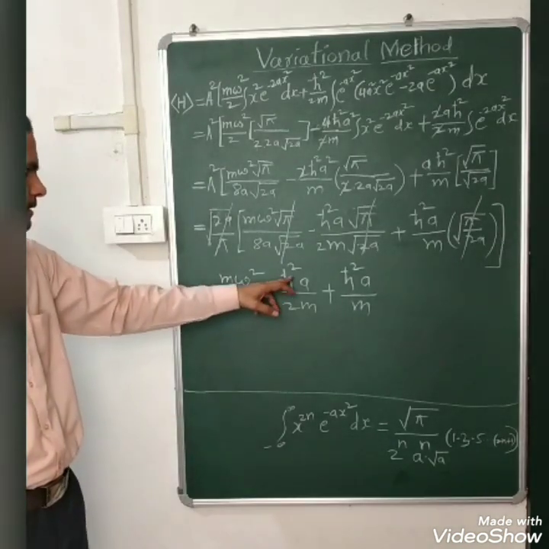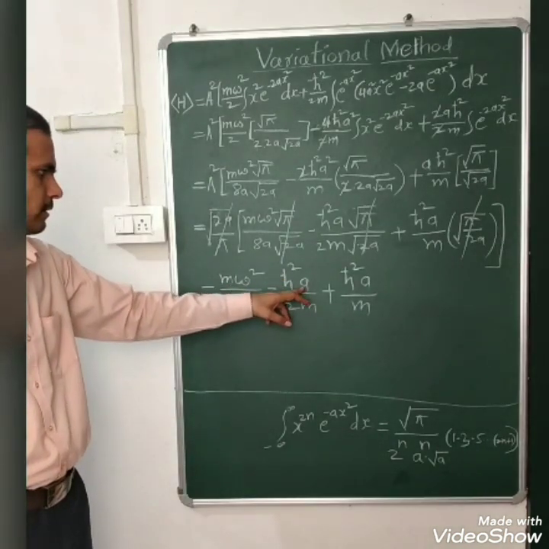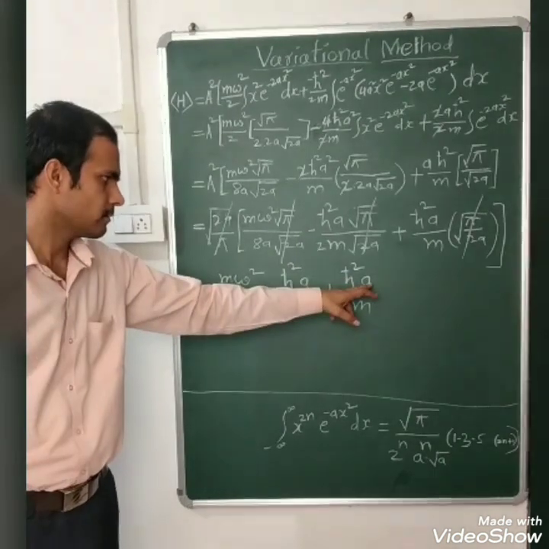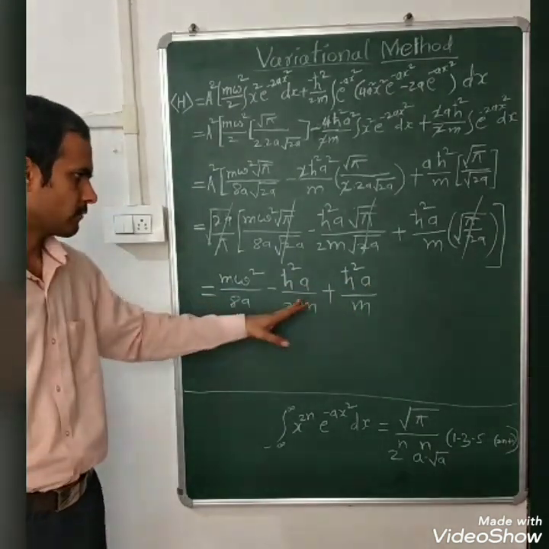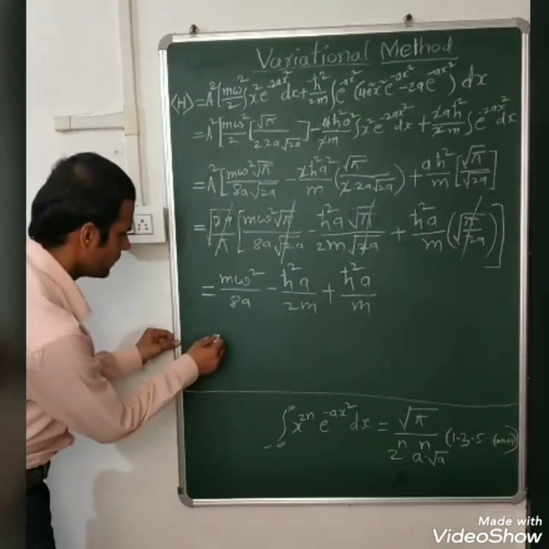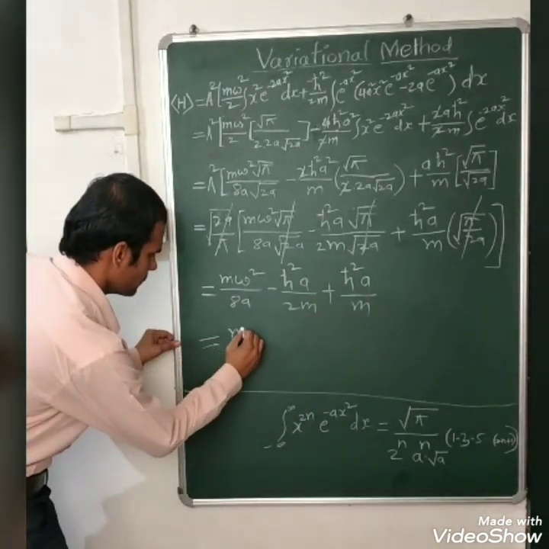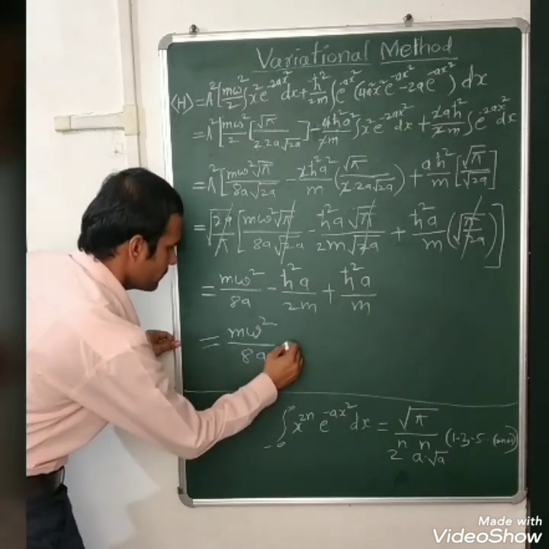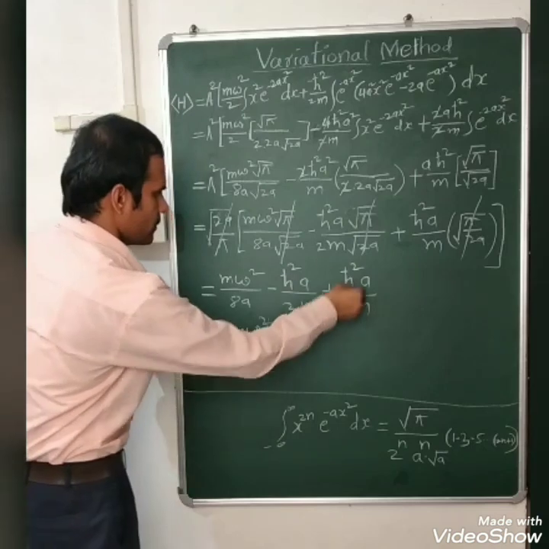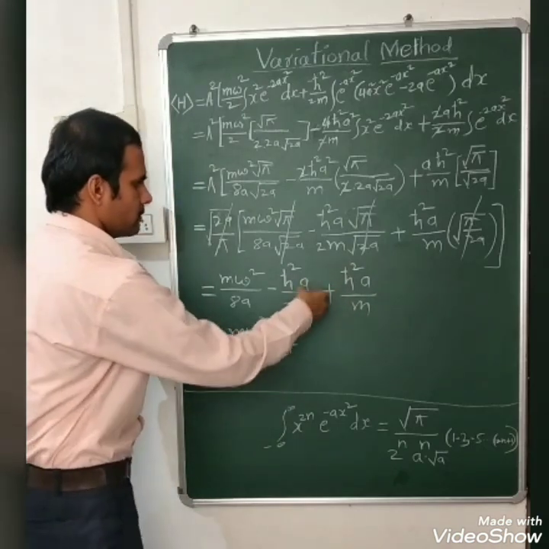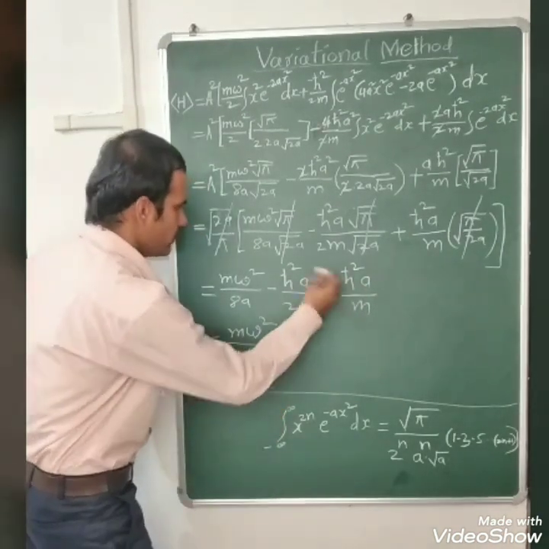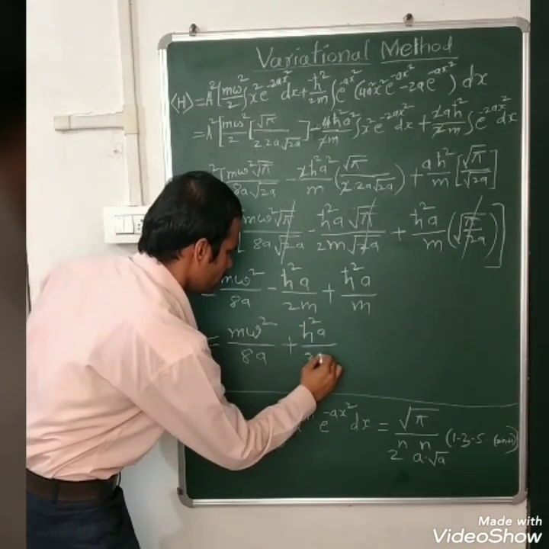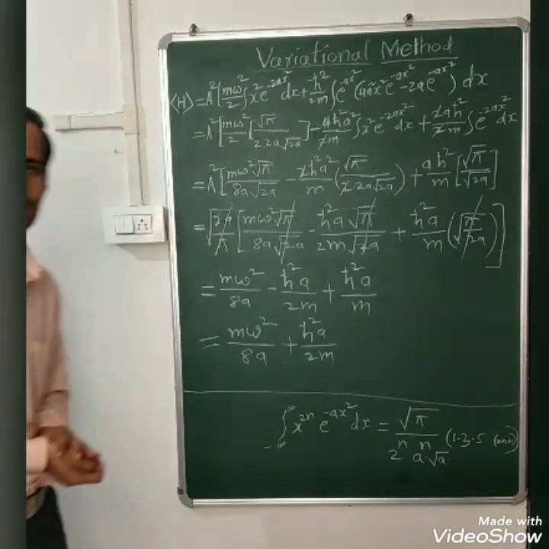Now from this we can write m omega square by 8a plus, if we calculate this, we will get h cross square a by 2m.